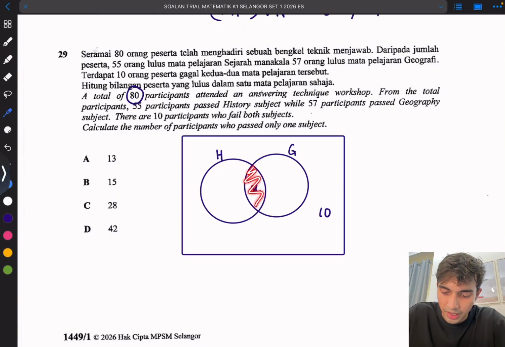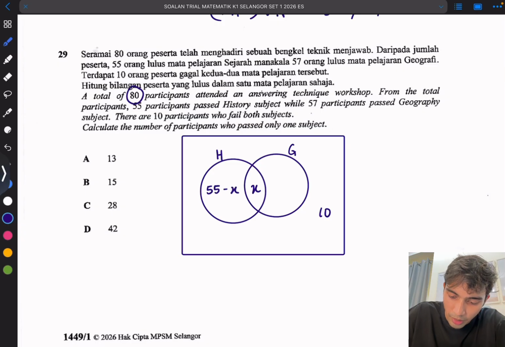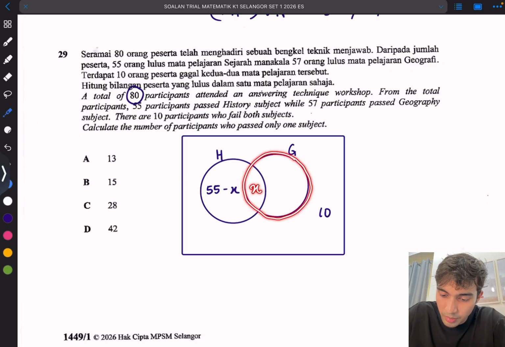So if this is X, the whole thing we know must be 55. So this part will be 55 minus X. This is X, so the total here must be 57. So this part will be 57 minus X.